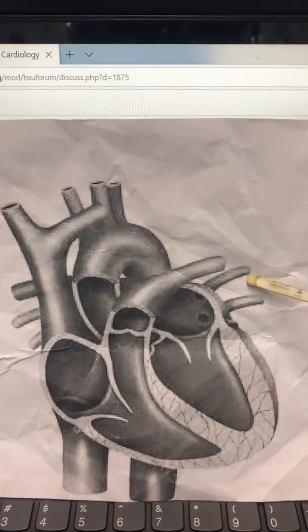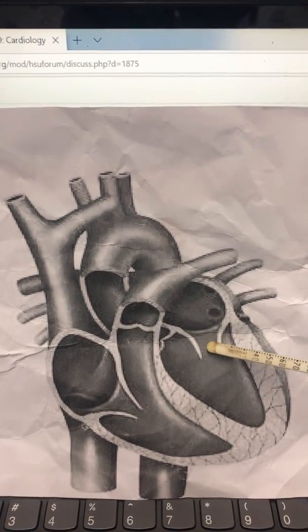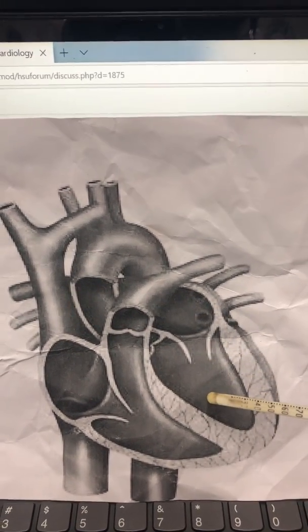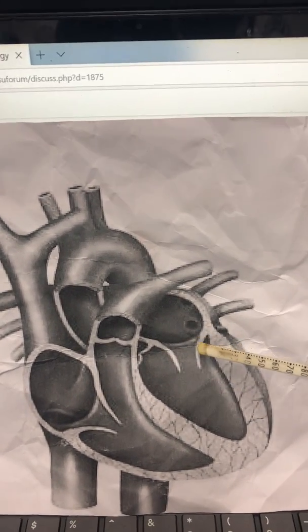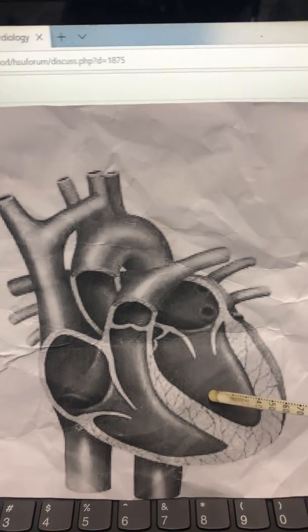The left atrium then moves blood through the bicuspid valve here after the atrium's full into the left ventricle. This valve closes so that blood can't move back into the lungs.